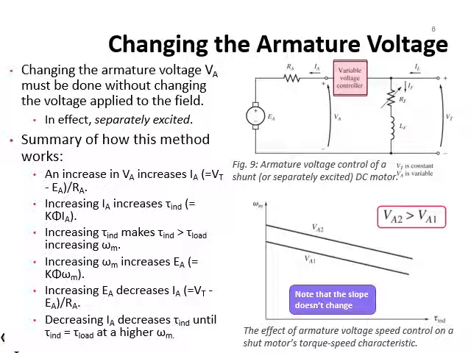Okay, then if we again look at the schematic diagram on the right hand side at the top, which is the equivalent circuit of a shunt DC motor. Again this is a shunt DC motor, but now we have a box added to it. This box in red here, which is a variable voltage controller.